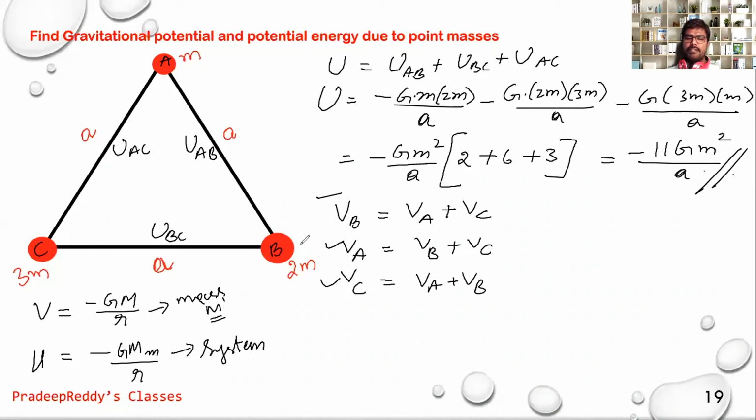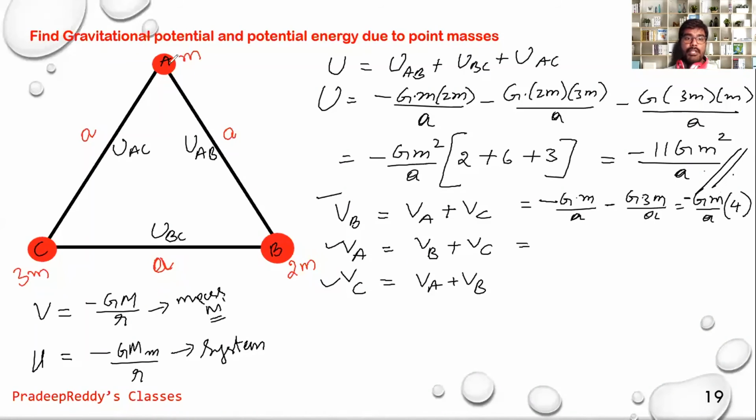You can find out gravitational potential on the mass which is placed at position B or position A or position C. So if you calculate the potential at B, the potential due to A, I can write it as minus GM divided by A and minus G 3M divided by A, which is minus GM divided by A. If I take it common, it is 3 plus 1 becomes 4.